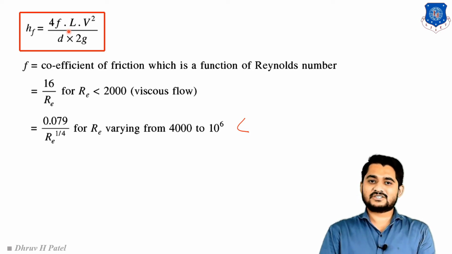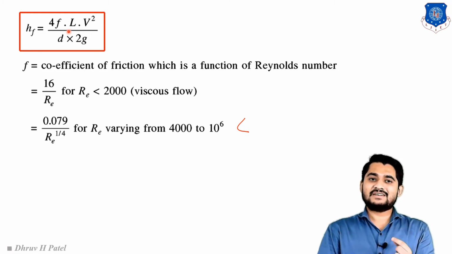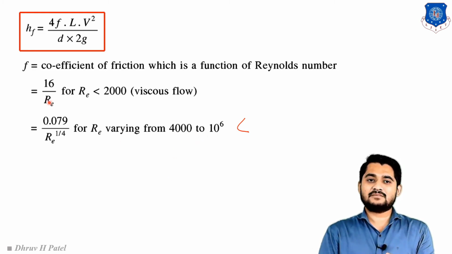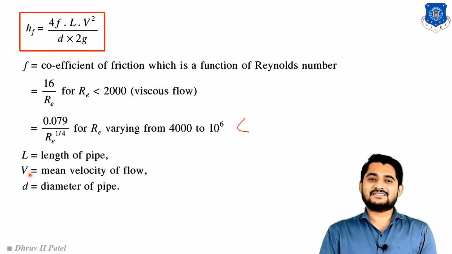So for viscous flow, if the Reynolds number rho V d by mu is less than 2000, then small f will be 16 by Re as shown in this equation, and if the Reynolds number is greater than 4000, then small f will be 0.079 divided by Reynolds number raised to 1 by 4. In this equation L is the length of the pipe, V is the velocity in the pipe, and small d means the diameter of the pipe. Clear students?